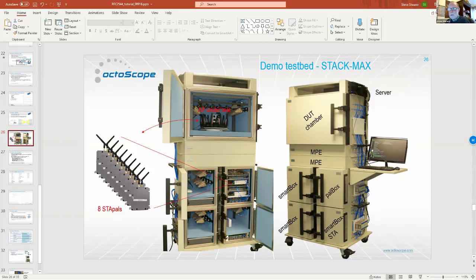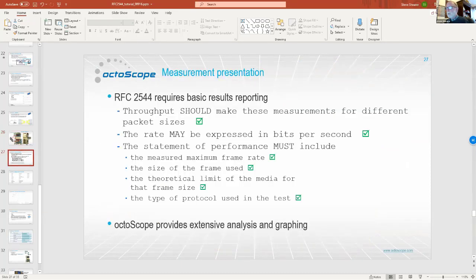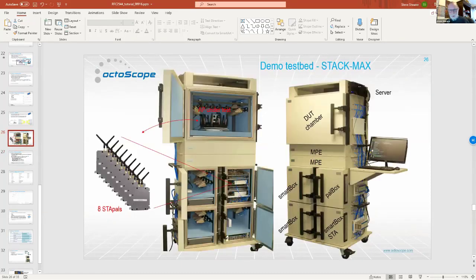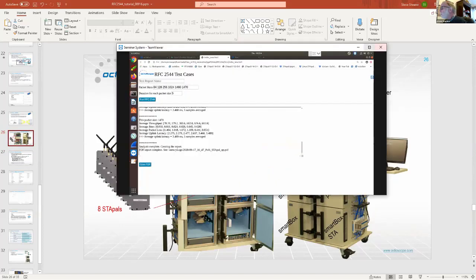These stay pals are all going to be pinging, so they'll be sending probes up to the AP. The AP is going to be relaying those back to the stay pals, and each stay pal will record its own round trip delay.